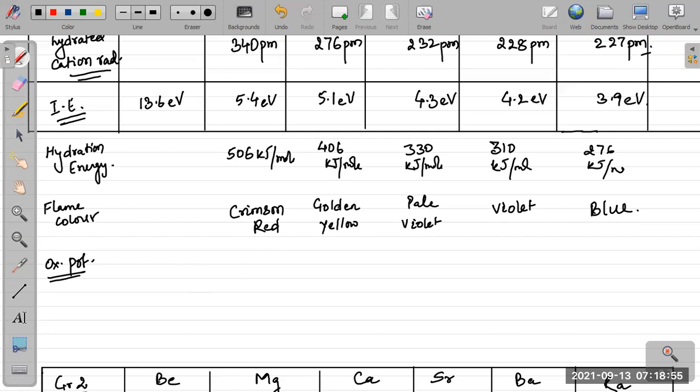Oxidation potentials are plus 3.05 volt, plus 2.71 volt, 2.925 volt, plus 2.93 volt, plus 2.927, approximately 2.3 volt only.